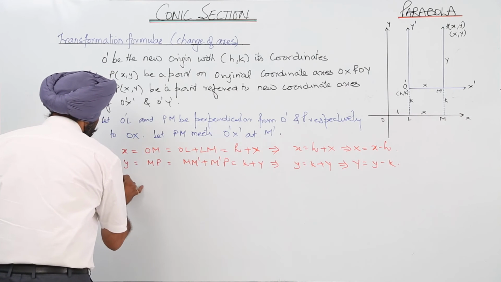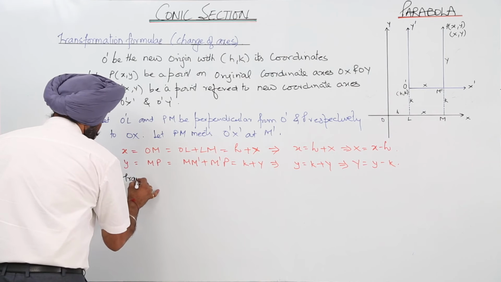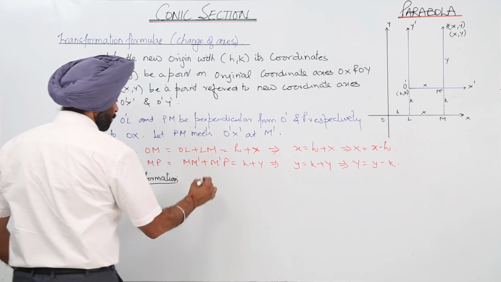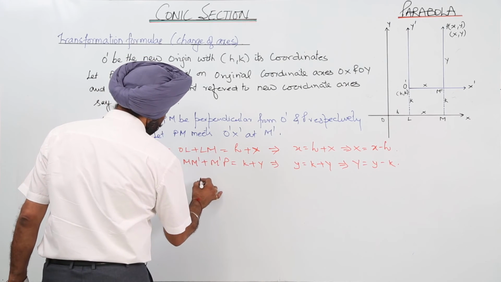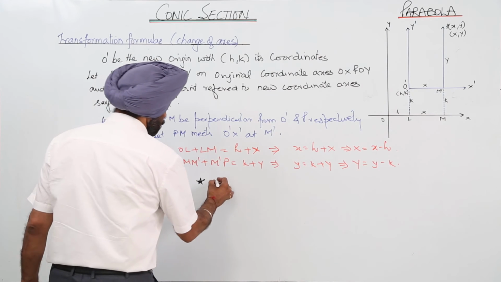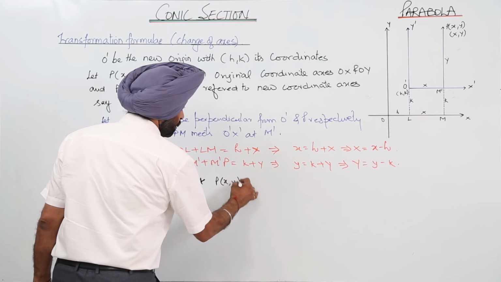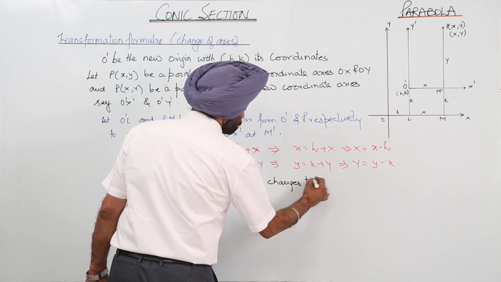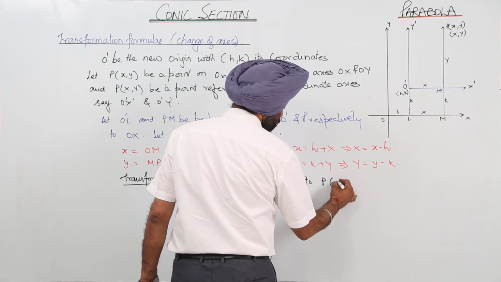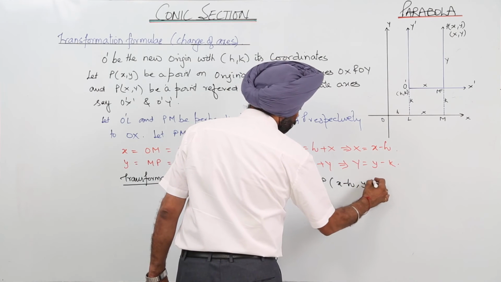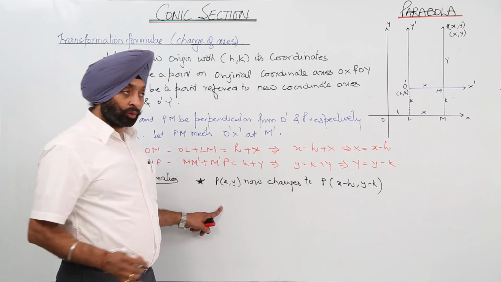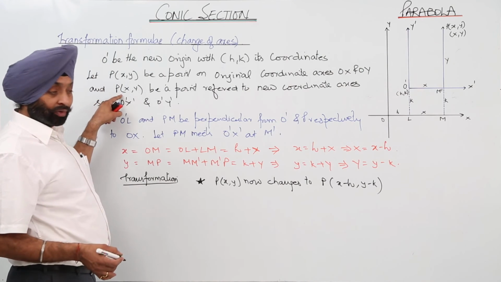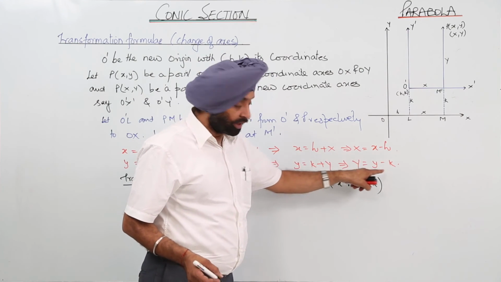Now, what is the transformation? Number one, point P x comma y now changes to P x minus h, y minus k, because P x comma y we have taken as P capital X, capital Y, where capital X is equal to x minus h and capital Y is y minus k.